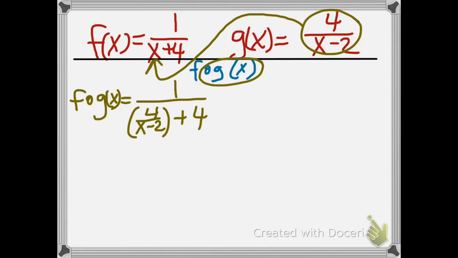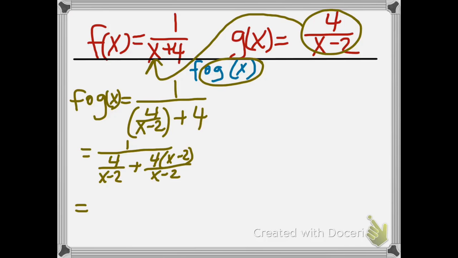I'm just going to write equals here. We have to get a common denominator. 1 over 4 over x minus 2 plus 4 times x minus 2 over x minus 2. We did this last week. Equals 1 over. Now we can combine.